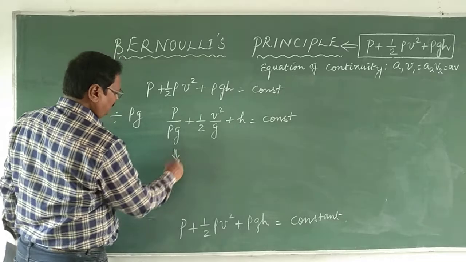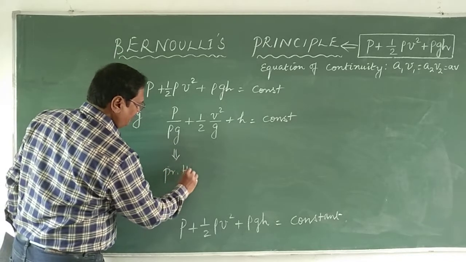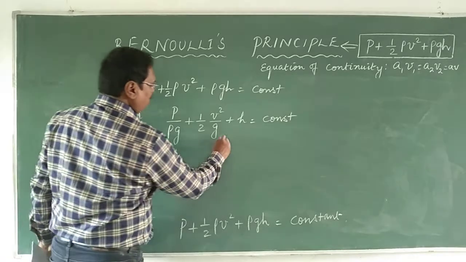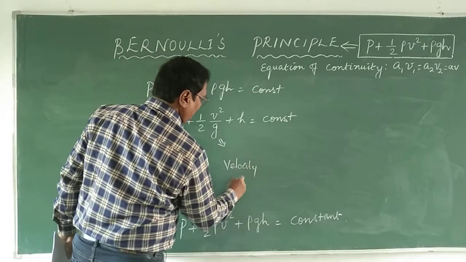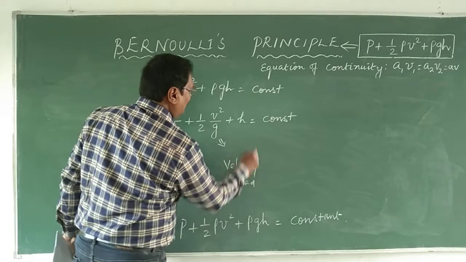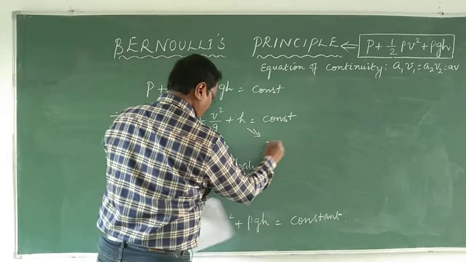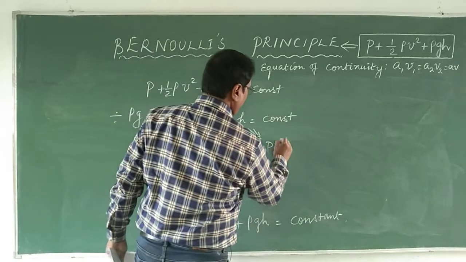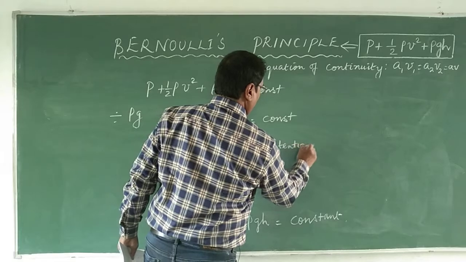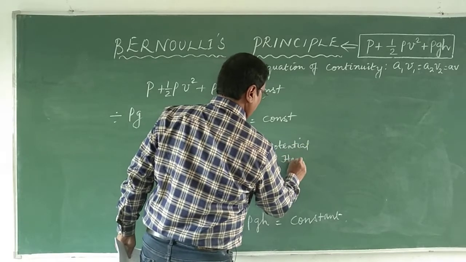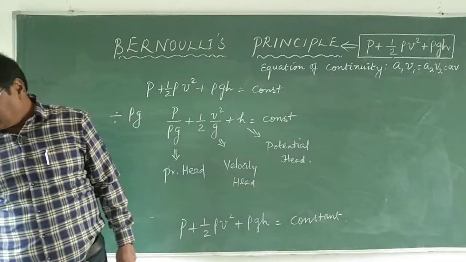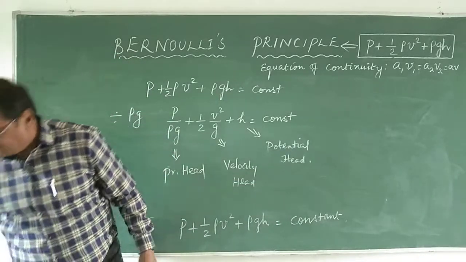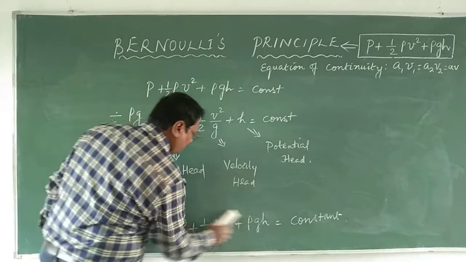This is called pressure head, this is called velocity head, and this is called potential head. So this is another way of expressing the same Bernoulli's equation.